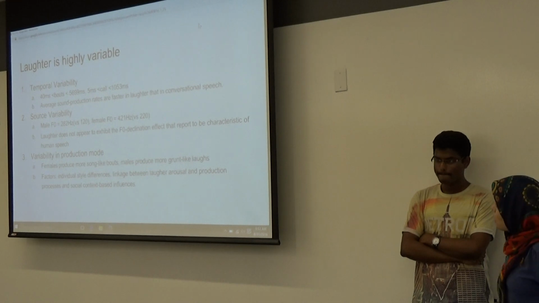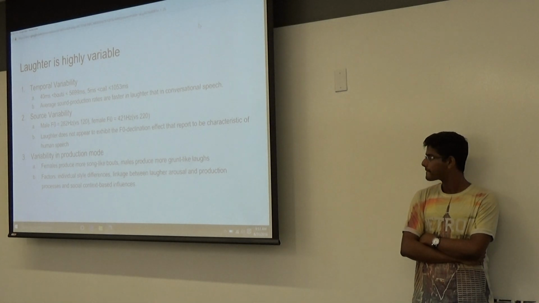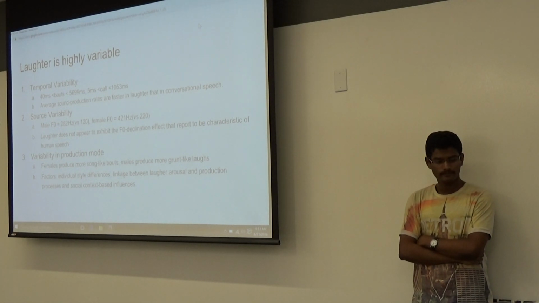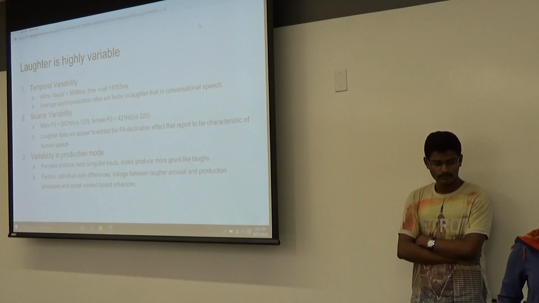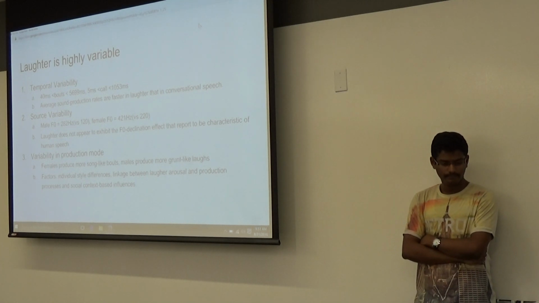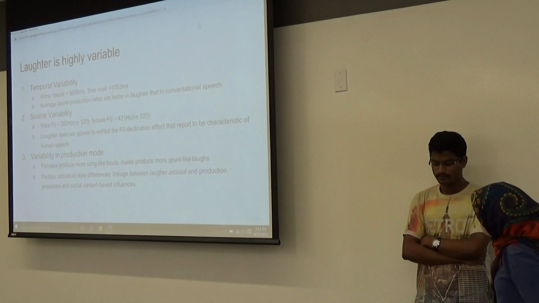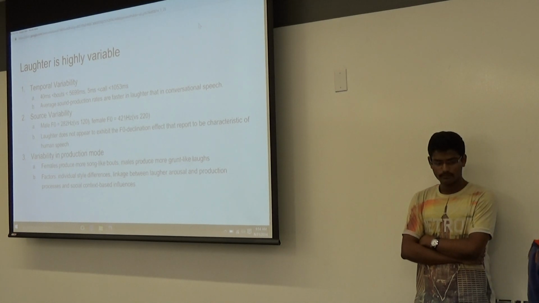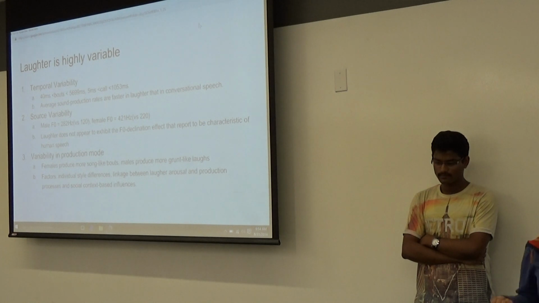So laughter is highly varied: it has temporal variability, source variability, and variability in production mode. An interesting observation is that the average sound production in laughter is higher than in conversational speech, which I think we intuitively know.